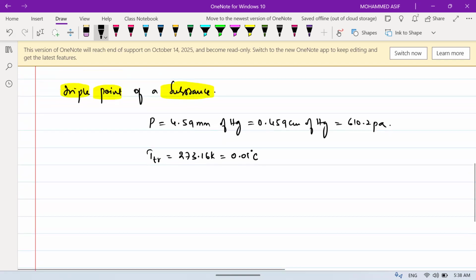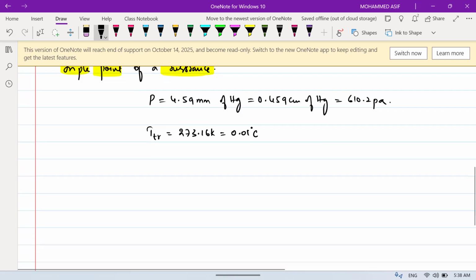So the pressure and temperature: what is the pressure at which the substance will exist in all the states? 4.59 mm of mercury or 0.459 centimeter of mercury or 610.2 Pascal. So the triple point will be 273.16 Kelvin, also called 0.01 degree Celsius.